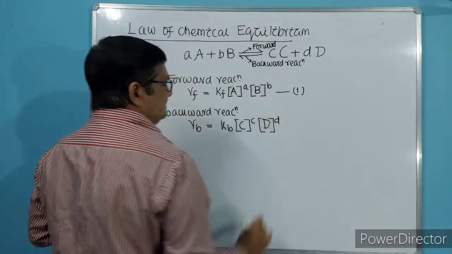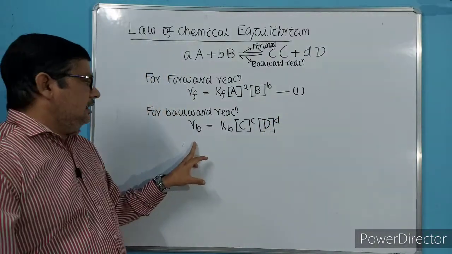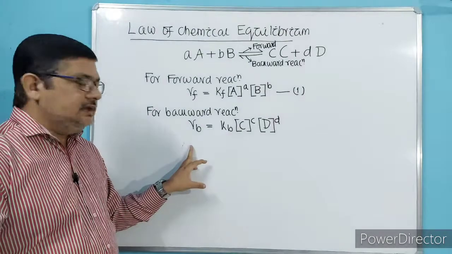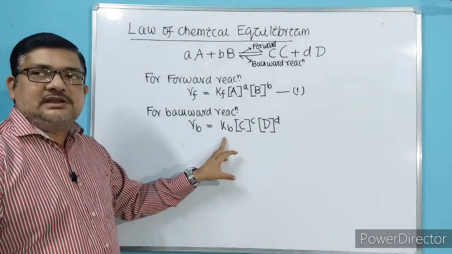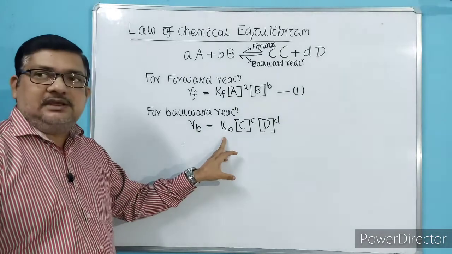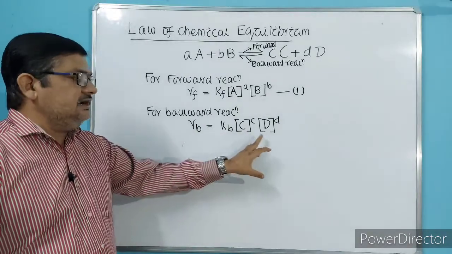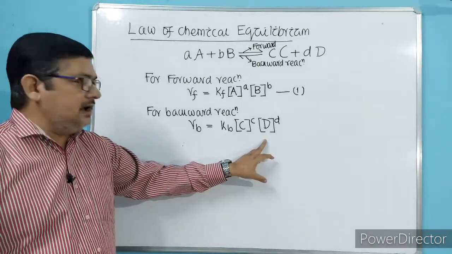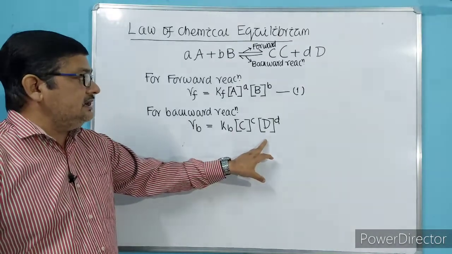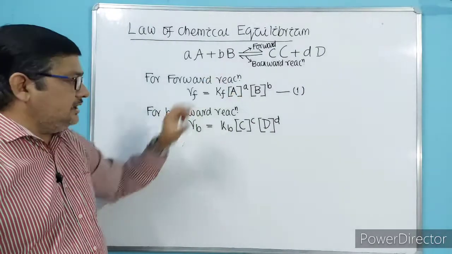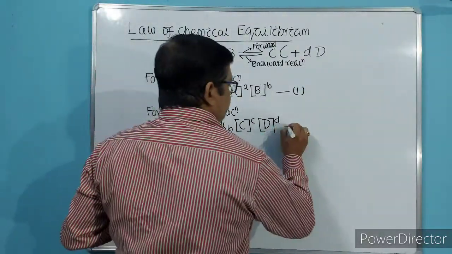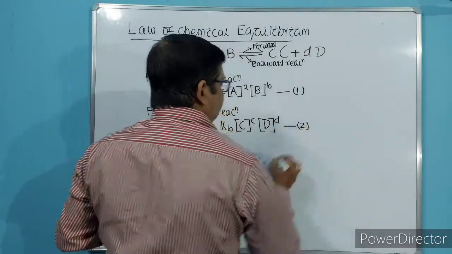So as per law of mass action, this will be the rate of the backward reaction, where kb is the rate constant or velocity constant for the backward reaction. C and D are the molar concentrations or active mass of the reactants. Okay. So let me make it equation 2.